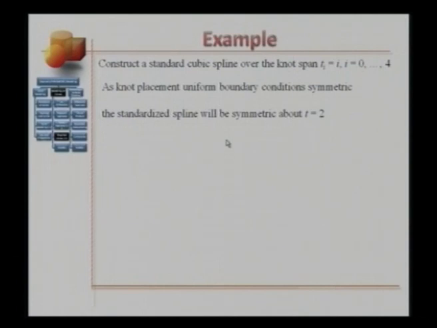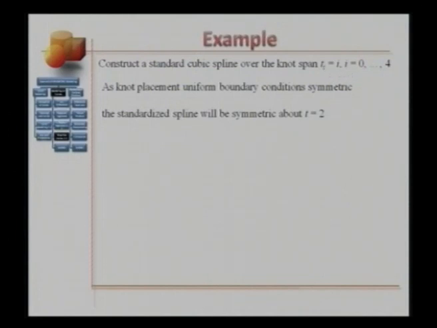Let's take a look at an example. We try to construct a standard cubic, again, piecewise continuous composite spline over the knot span Ti equals i, where i goes from 0 to 4. We understand that the placement of these knots is uniform.